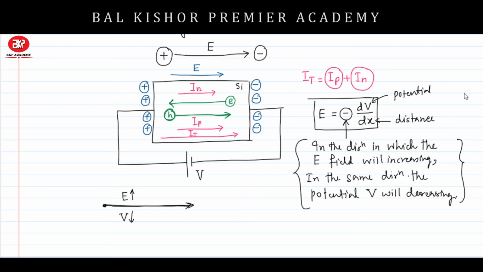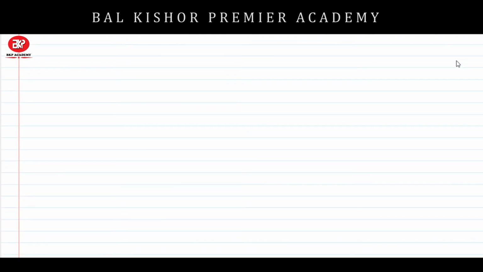Now let us take an example of the electric field intensity cases. For that, let us take a semiconductor bar like this.